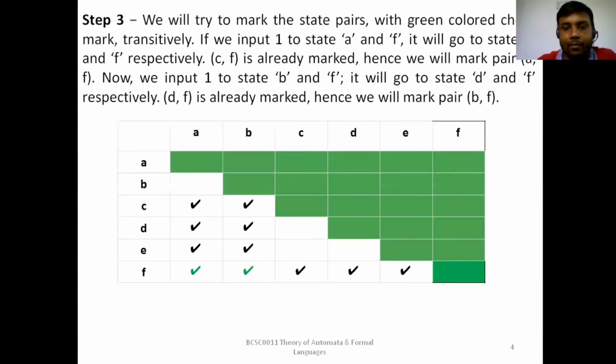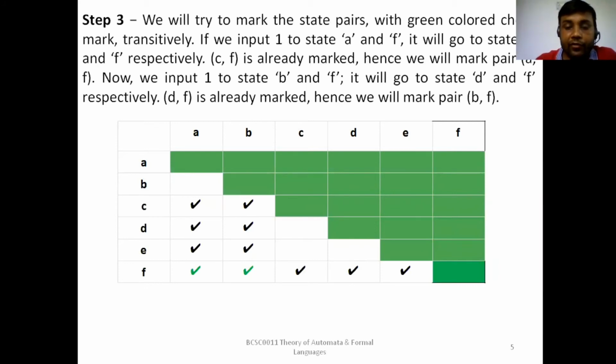So we have marked AF with another color, the green color, just to remember that it has been added due to step 3.